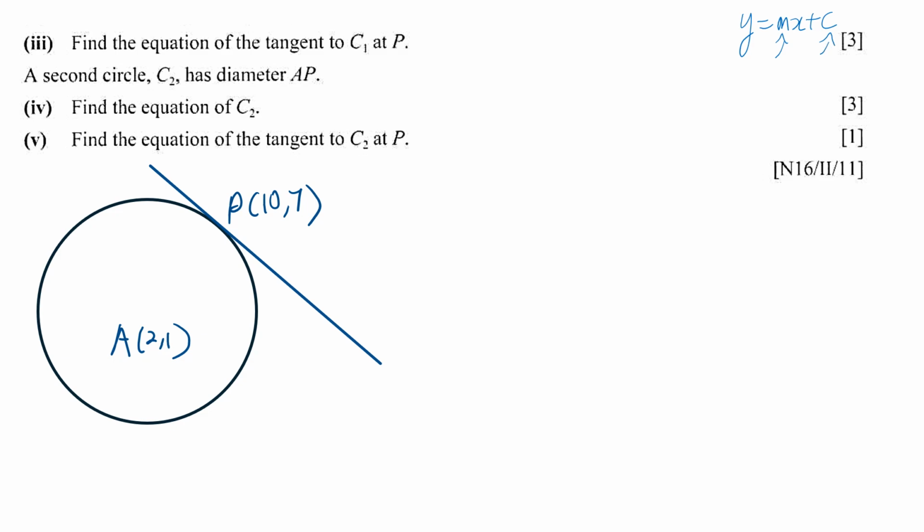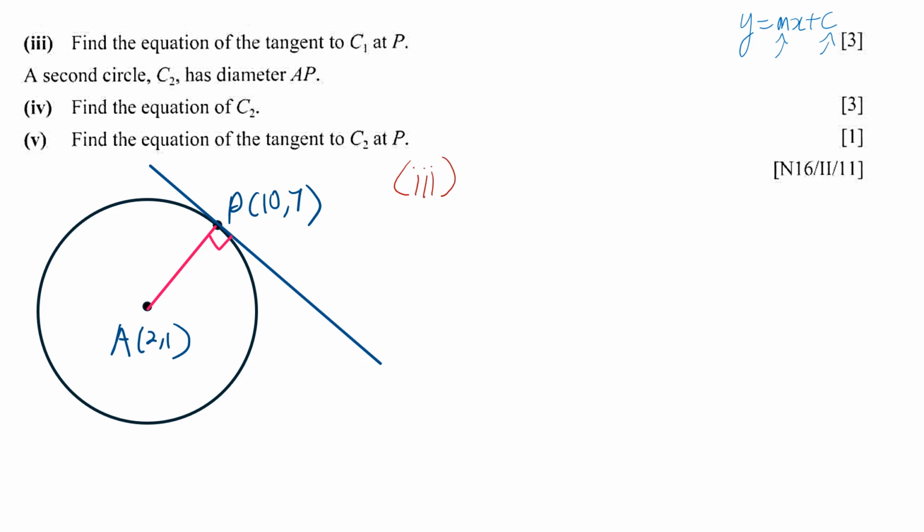I'm given the point of contact. So your P is actually the point of contact, right? And the tangent line, as we have learned earlier on, is perpendicular to the radius. So if we can find the gradient of AP, we will be able to find the gradient of the tangent line. So let's find the gradient of AP first.